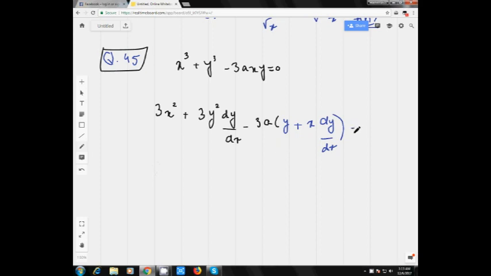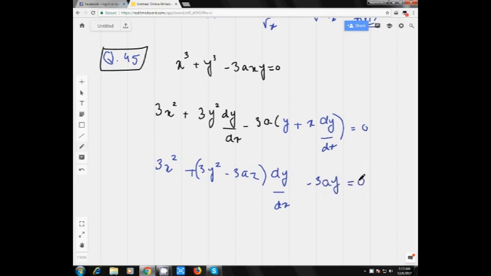Simplify it, and this is equal to 0. 3x square plus 3y square and minus 3ax, you have taken dy by dx as common between the various expressions. Minus 3ay is equal to 0.